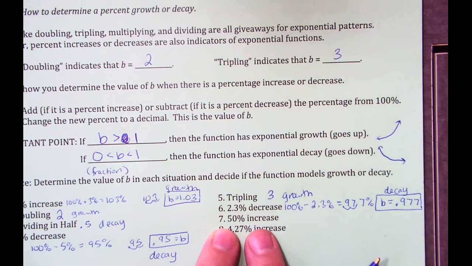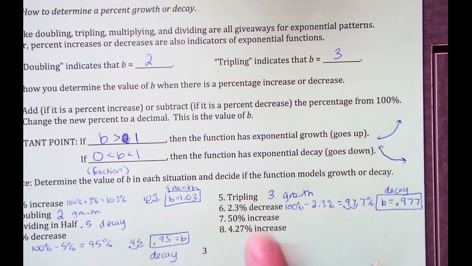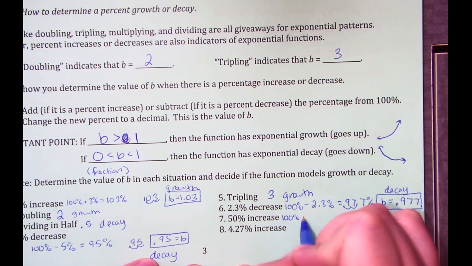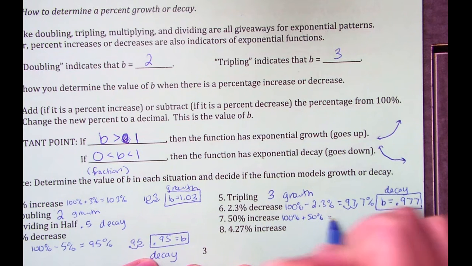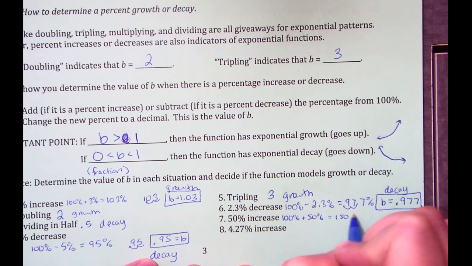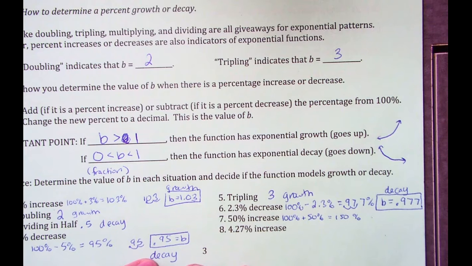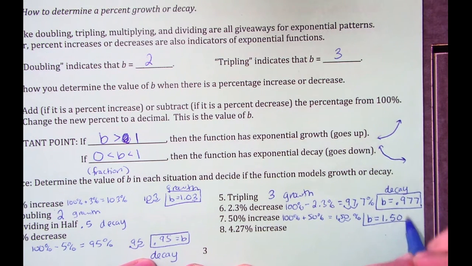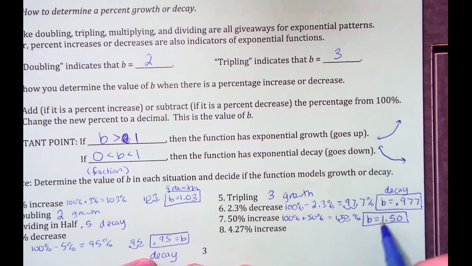Here it's a 50% increase, and remember that increases we add to 100, so we're going to say 100% plus 50% equals 150%. Change that to a decimal. We take the decimal here, we move it 2 places to the left. So b equals 1.50, or just 1.5. And because that's bigger than 1, that is growth.